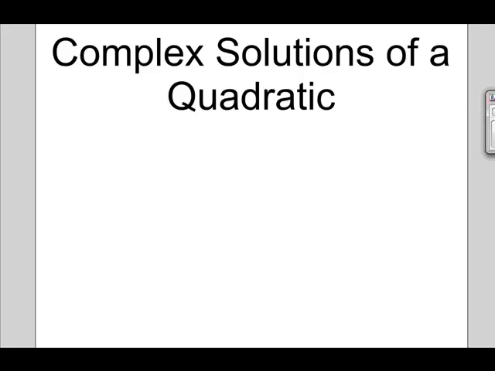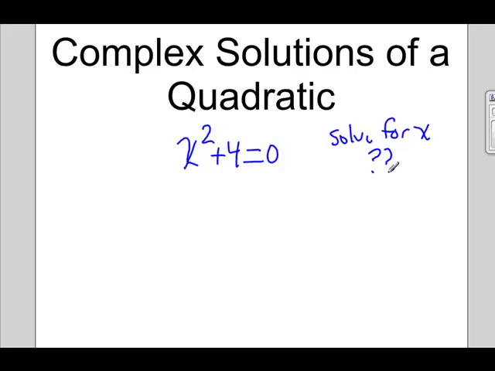Here's where this comes into play when we're talking about quadratic expressions. Normally, if I gave you x squared plus 4 equals 0 and said solve for x, you'd say, what? Well, x squared is equal to negative 4.